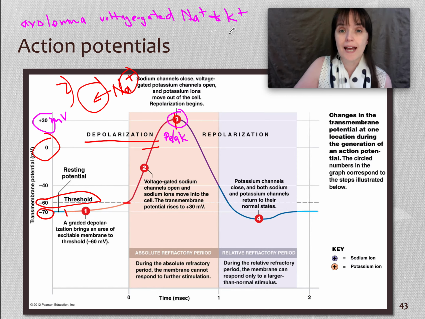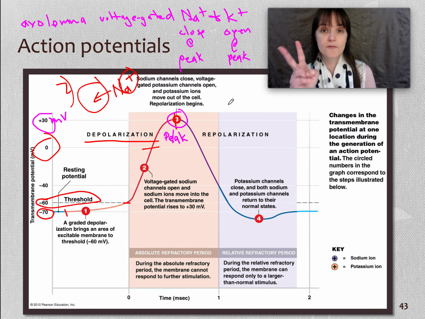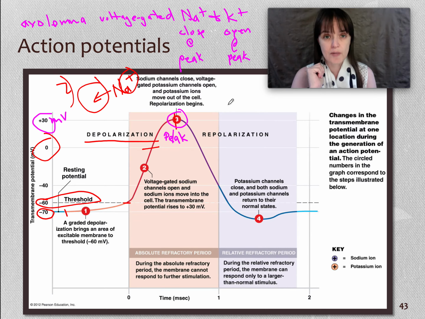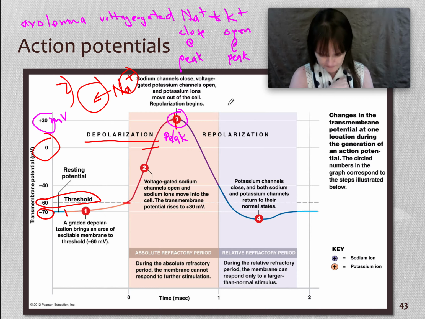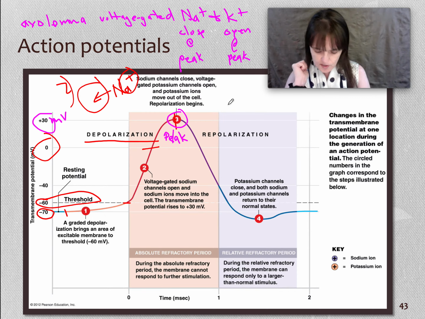And they open at peak, which is the opposite of the sodium channels, which close at peak. Okay, two kinds of voltage-gated ion channels in the axolemma. The sodium ion channels' inactivation gate closes at peak. Also at peak, the voltage-gated potassium ion channels open. All right, so that was number 3, which is peak.